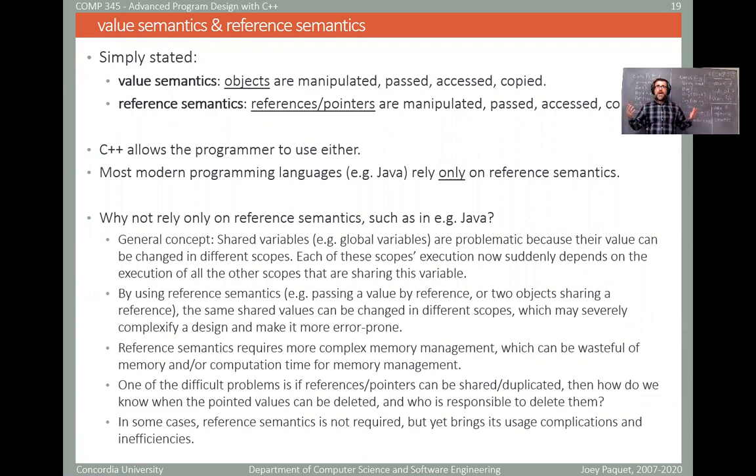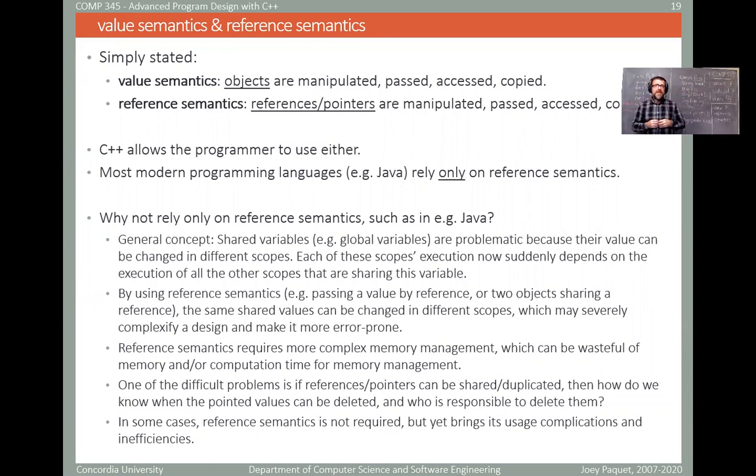Same thing happens when you have a single value that is pointed to or referred to by different pointers or references. These references actually refer to the same object, and no matter where they are in your program, in different scopes, if one of the references is changing the value of the object that is being referred to, then any of the other references, when you access it, would actually access the changed value.